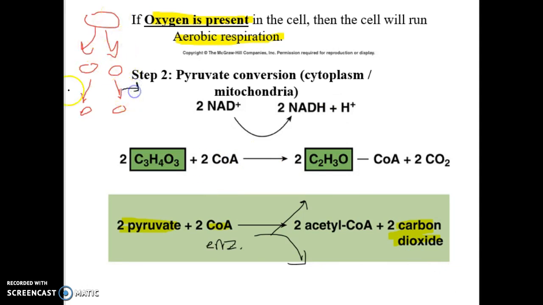Pow, there's some carbon dioxide coming off. We're going to knock off some hydrogens. That's going to give us 2 more of those wheelbarrows we talked about. There's our NADH. And then our CO2s. And the smaller molecule here is called the acetyl-CoA.